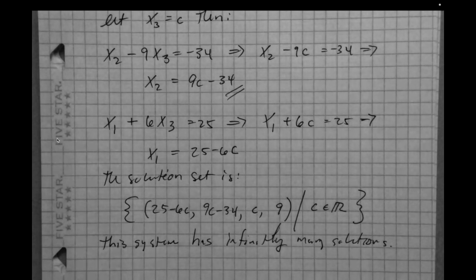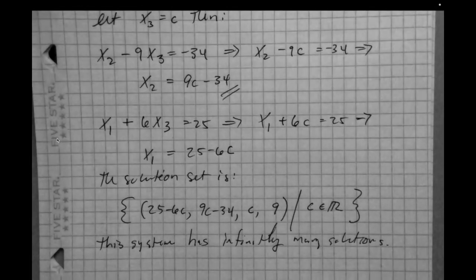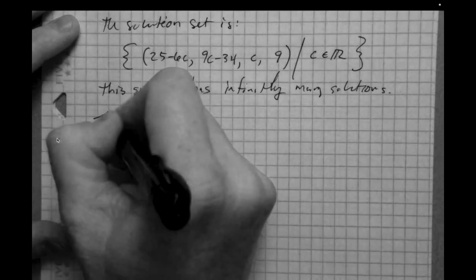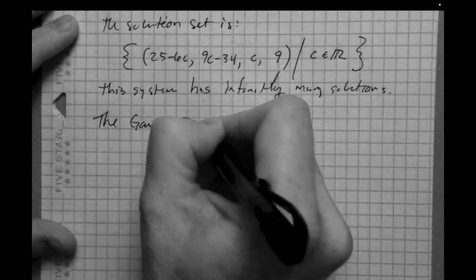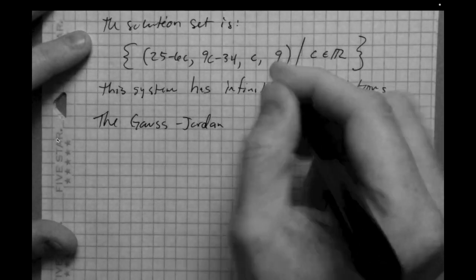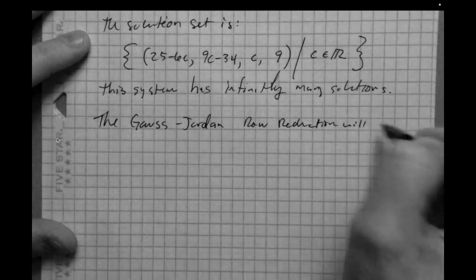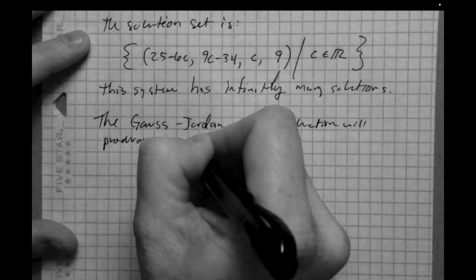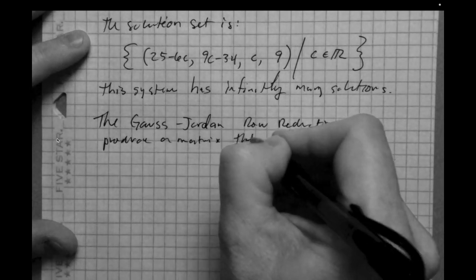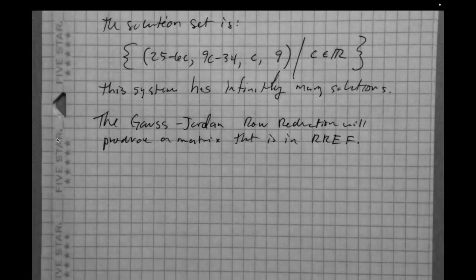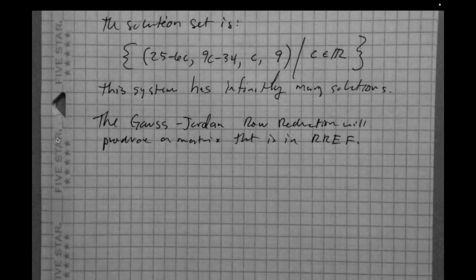This Gauss-Jordan row reduction, taken to completion, will produce a matrix that is in reduced row echelon form, RREF. Okay. So we've seen some examples of RREF. We just saw one example so far, actually.